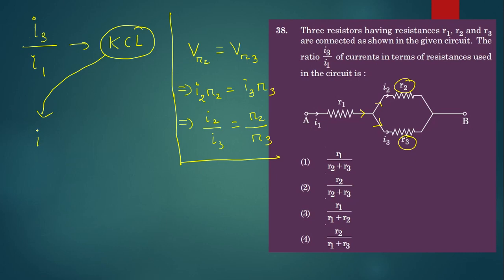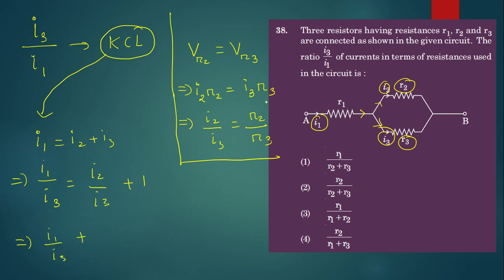According to Kirchhoff's current law, I can see this I1 splits into 2 parts, I2 and I3. Let me write this relation, I2 plus I3. Now, let me divide this relation by I3. So I2 by I3 plus 1. Since I already know the value of I2 by I3, which I have calculated here, I will put this relation here. This will be R2 divided by R3 plus 1.